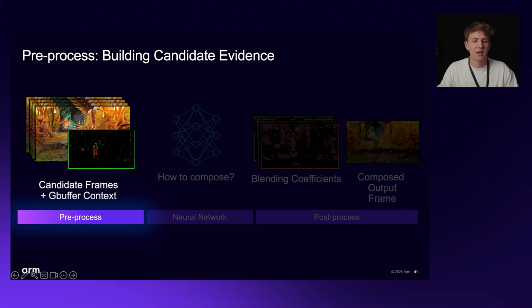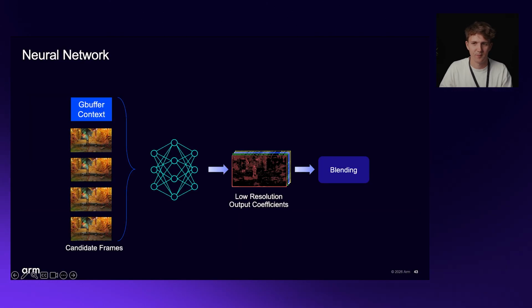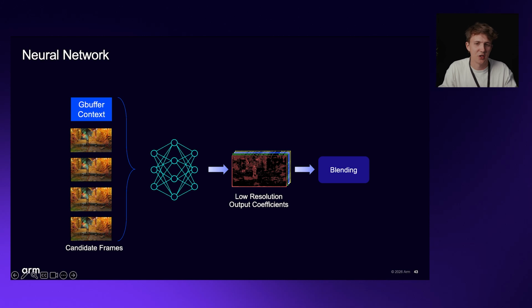So that is the end of the pre-processing, and at this point we will have our 4 motion aligned candidate frames plus some extra context that helps the network decide what to use. So now we want to ask our neural network how to solve the problem: how do we combine the different candidate frames? The network aims to work out which candidate is most reliable for each part of the image, and it predicts a set of low resolution coefficients rather than a finished RGB image.